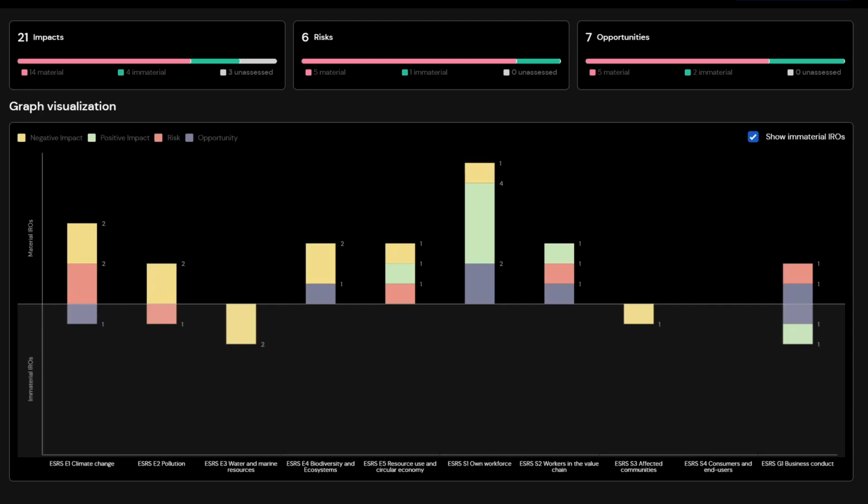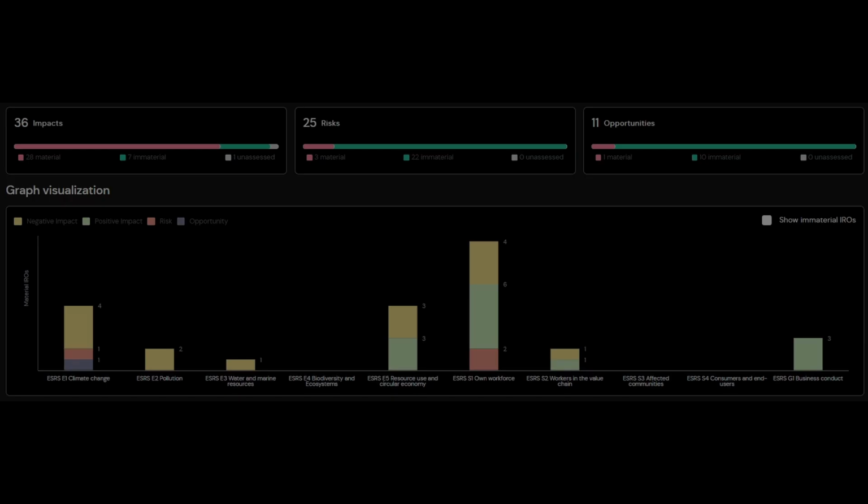So I wouldn't show the full expanded diagram necessarily in the sustainability statement, but I would have it available both internally as a review type visualization, perhaps something I could use to communicate with key stakeholders internally or the board of management, and something that could be used by auditors to help them sense check the process to see where the non-material IROs lay.